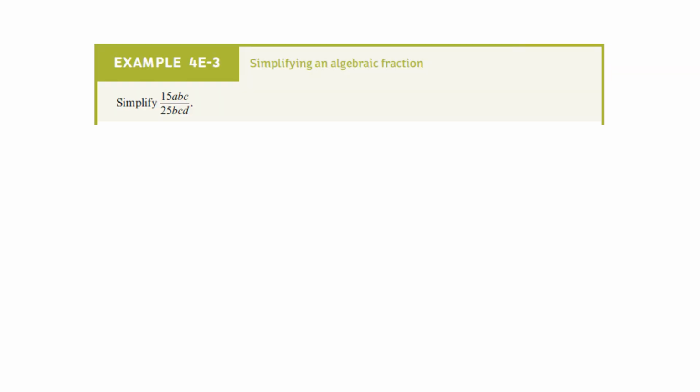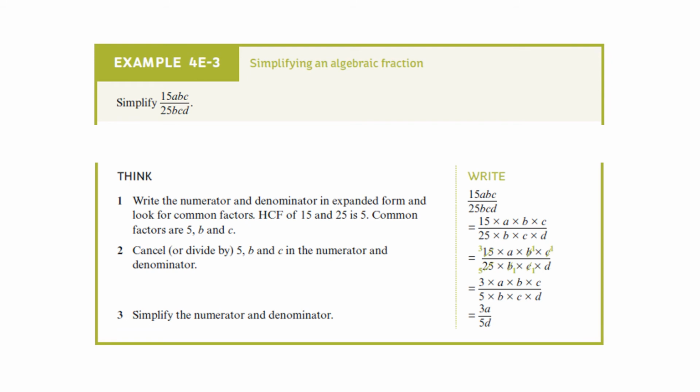Okay, so here's a question that looks maybe a little bit more complex. I'm still going to follow the same process. It just looks like a bit of a longer question, given that there are more individual components of the term.